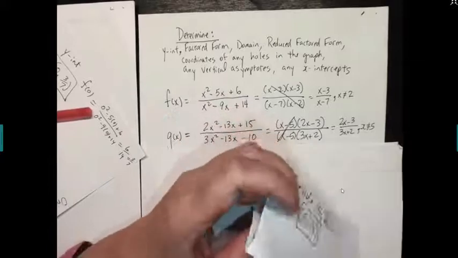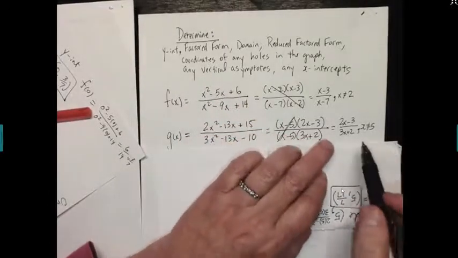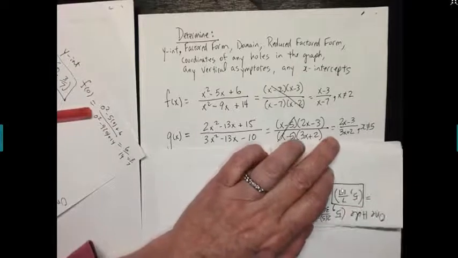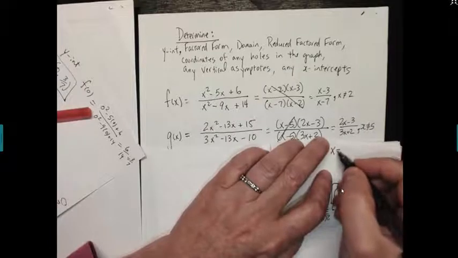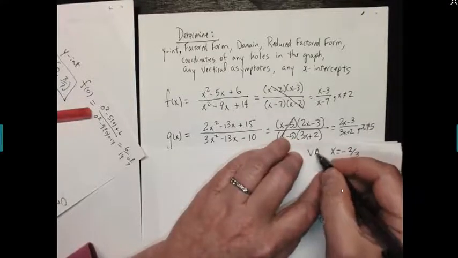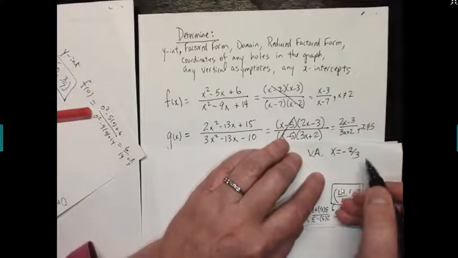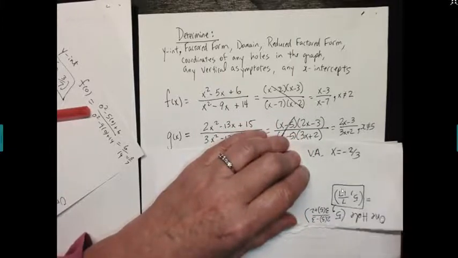Any vertical asymptotes? You look at zeros of the denominator after cancellation, and we saw that negative 2/3 is a zero of the denominator. So I have one vertical asymptote. Its formula is x equals negative 2/3. Don't write negative 2/3 on its own. That's not correct. This is a formula of a vertical line.